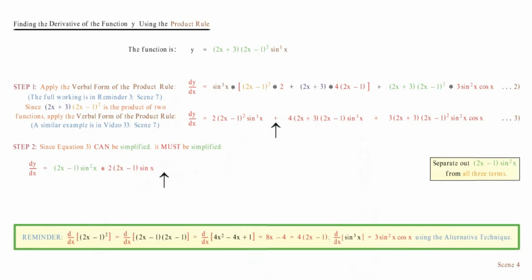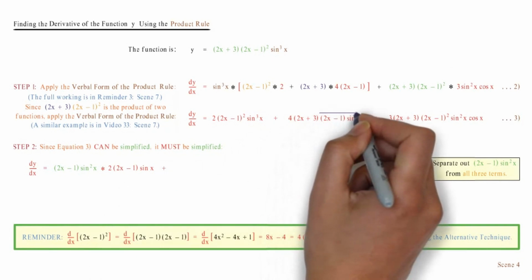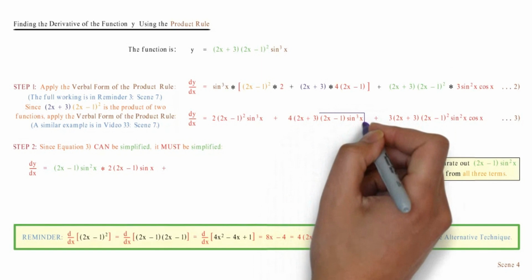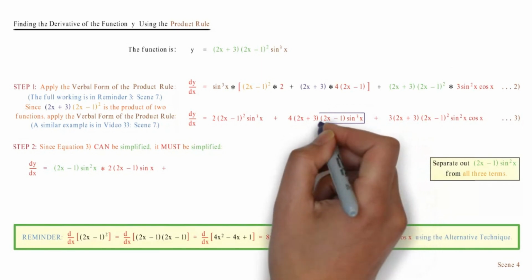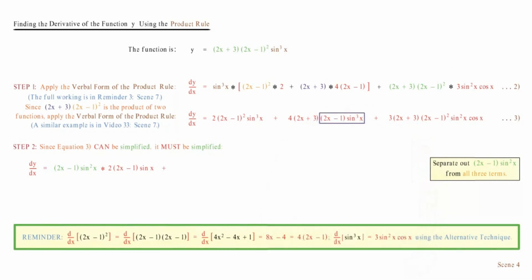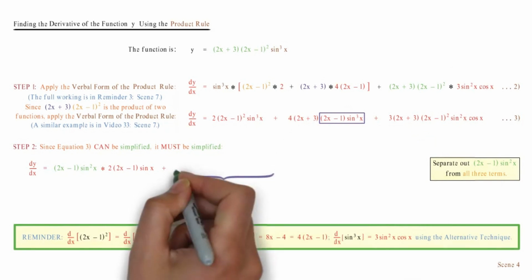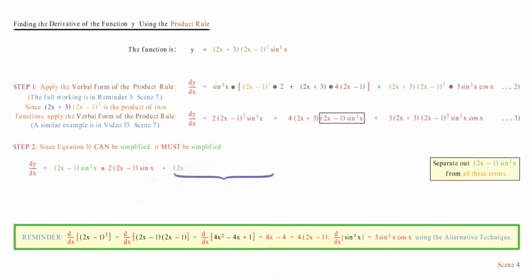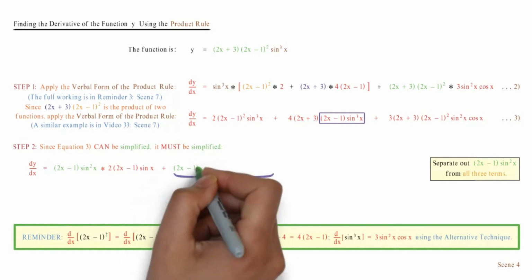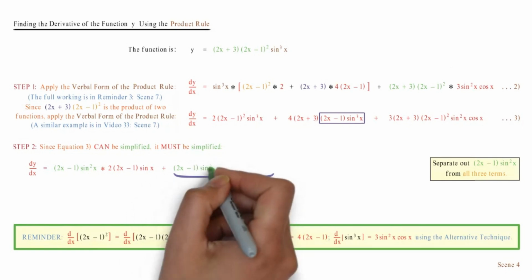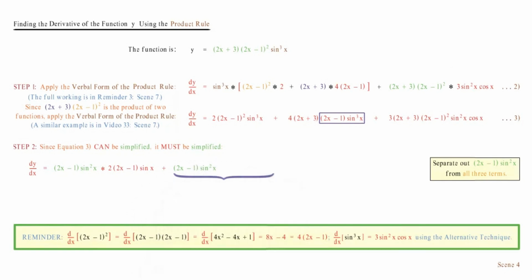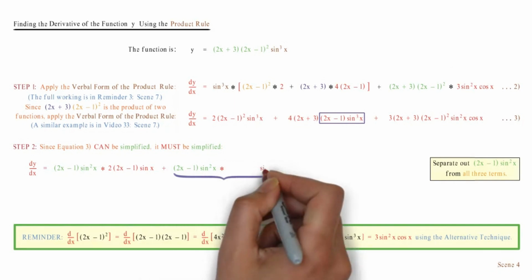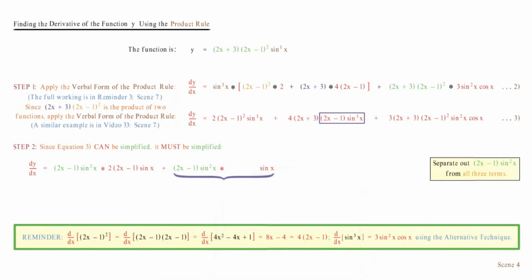Plus, bring 2x minus 1 sine cubed of x down as 2x minus 1 sine squared of x times sine of x.